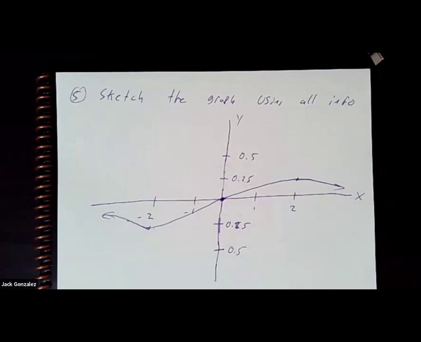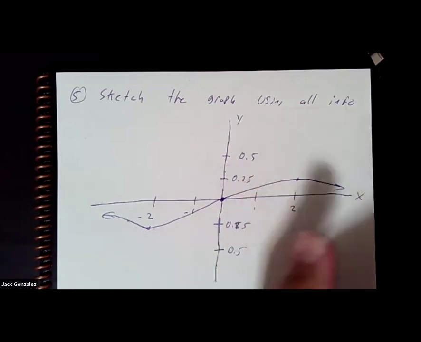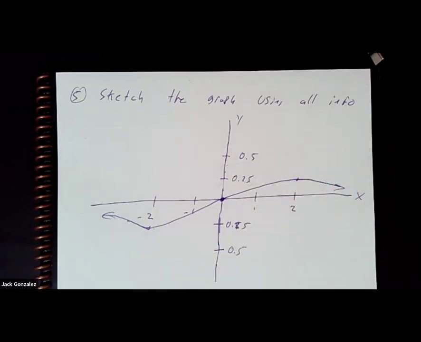Something like this. Let me find Desmos and see how good this is. So using the max and mins and intercepts, we can get a good sketch. Usually we get better intercepts, but oh well.